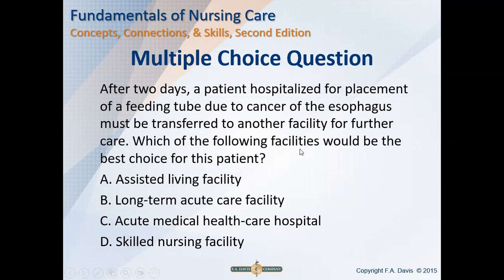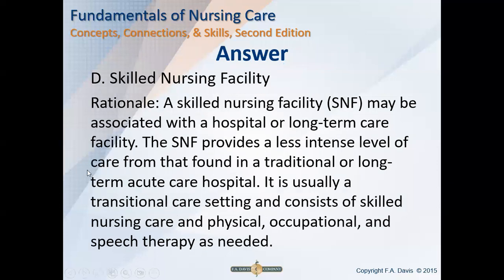Which of the following facilities would be the best choice for this patient? A, assisted living facility. B, long-term acute care facility. C, acute medical healthcare hospital. And D, skilled nursing facility. The answer is D, skilled nursing facility. Why is it the answer?